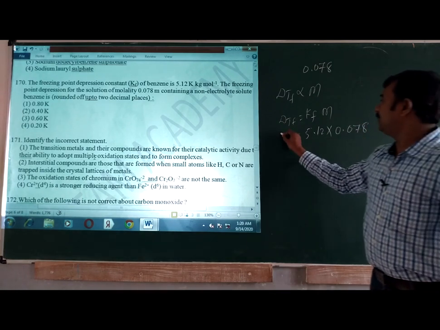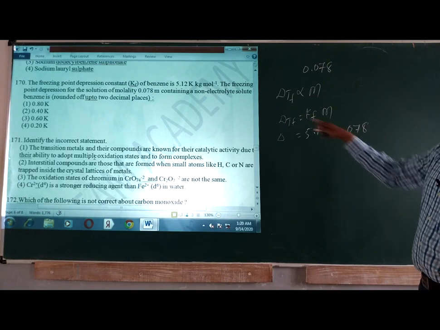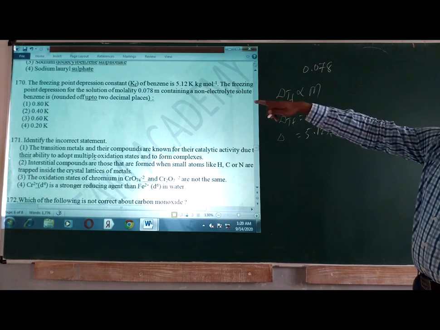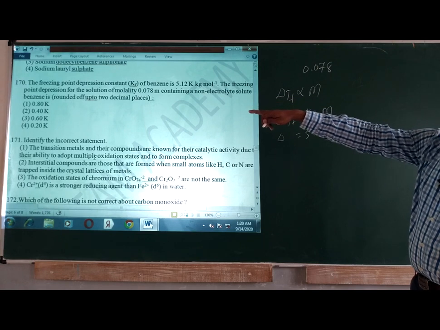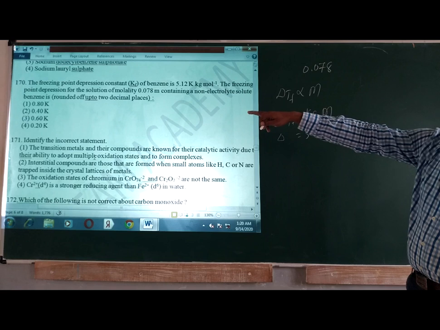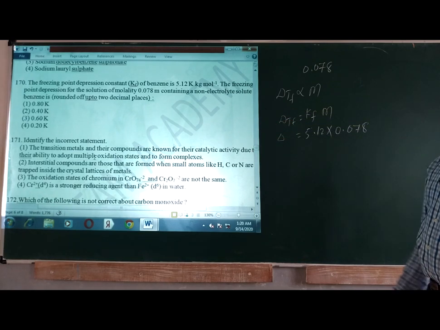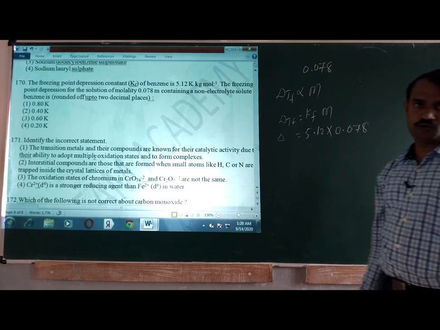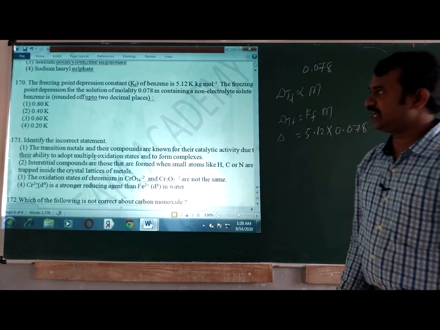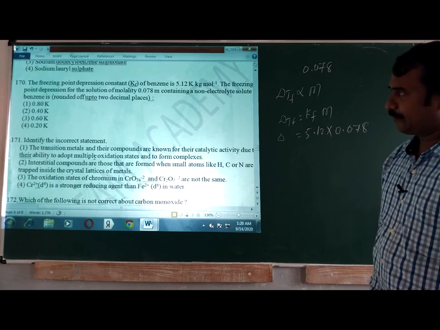You multiply 5.12 and 0.078, the value is nearly 0.40 Kelvin. The option is 0.40 Kelvin.